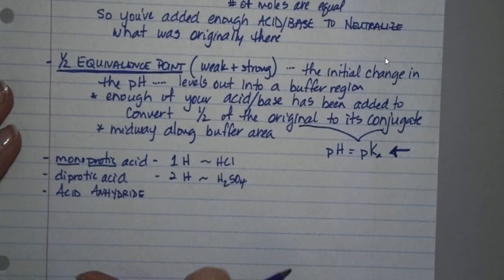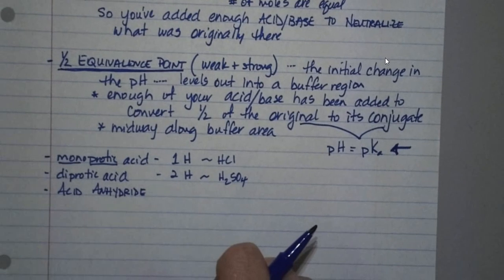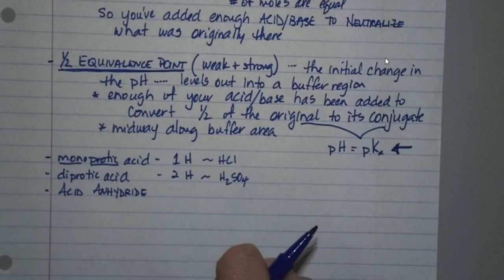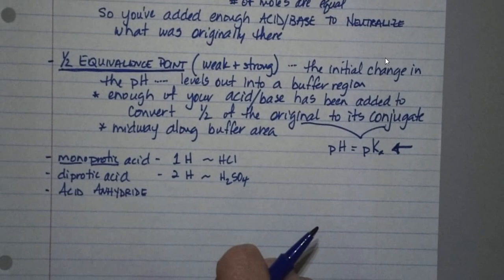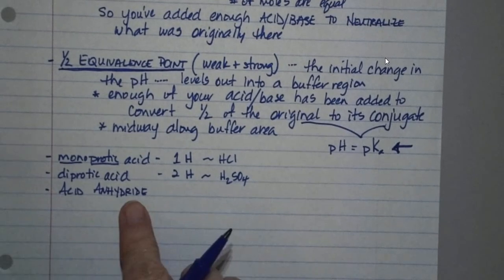Like those organic acids that I have over there in the storeroom, they're called acid anhydrides. They're really technical. I can't get the pH of them unless I put them in water. I can do nothing with them. So if I don't put them in water, they don't have a pH. So when I say an acid anhydride, you put it in water and it makes an acid.